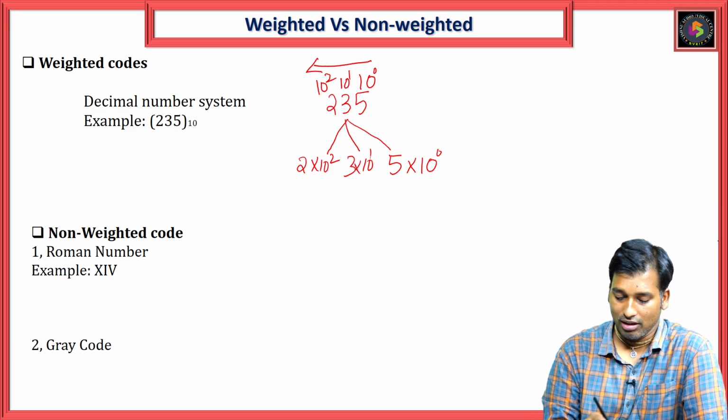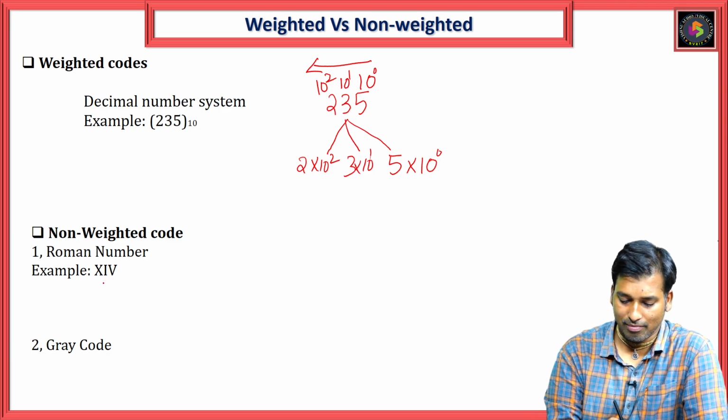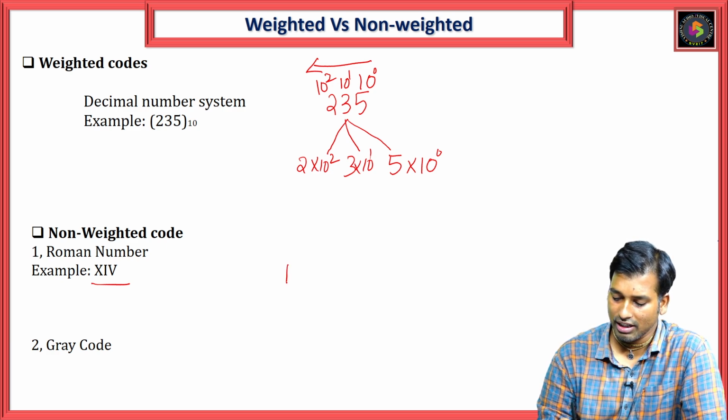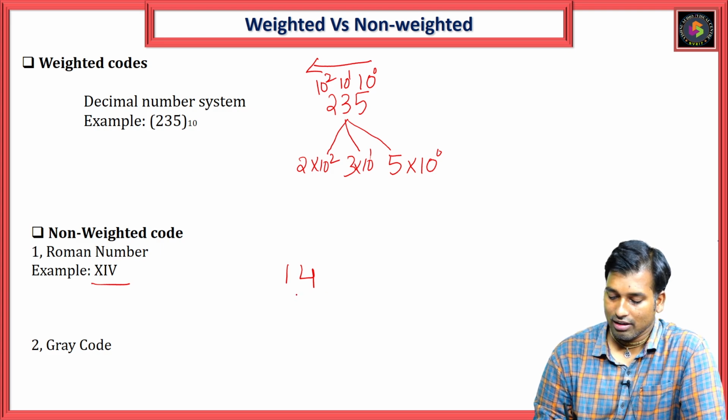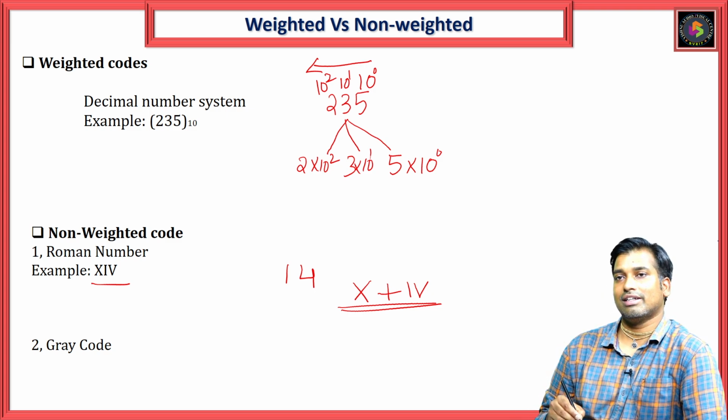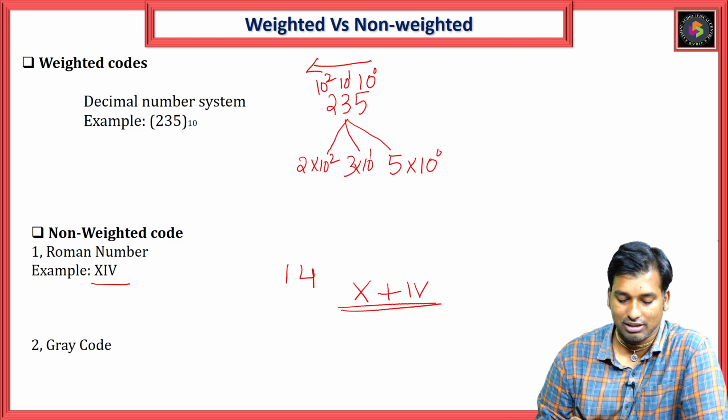For example, here x1v is nothing but 14, where the x represents 10 plus 1v represents 4. That's how we get 14. It's not weighted, it's just a representation.